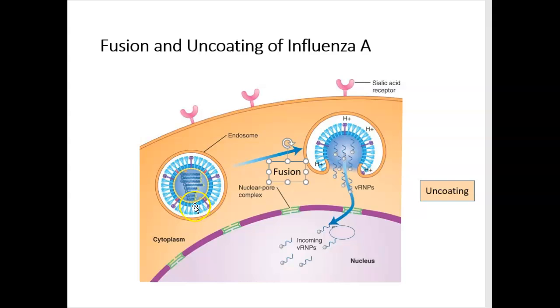The fusion of the viral envelope with the endosomal membrane. And then this arrow here, this is uncoating, right? So this is when the ion channel allows the matrix to open up and allow the viral nucleoproteins, coded genomes, into the cytoplasm, and then they traffic to the nucleus.